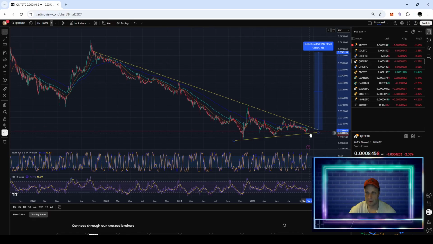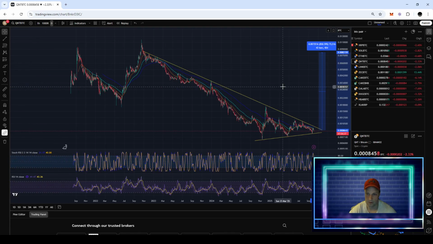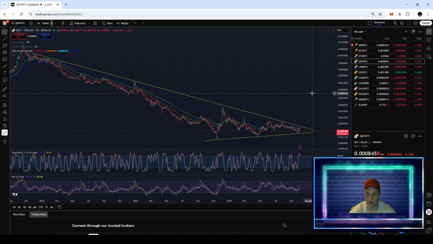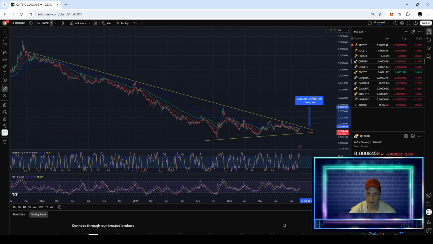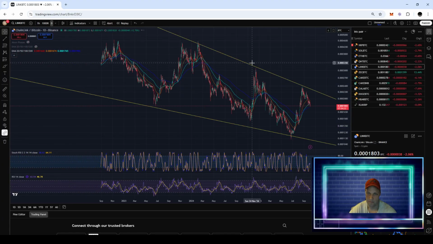But I think this is going to break to the upside. Quant has had a lot of good news. I think it's very undervalued on the fundamental side. And it's about time we break upside. And even if you go halfway, let's say you go to here, it's 300% on the current Bitcoin price, which is nuts.